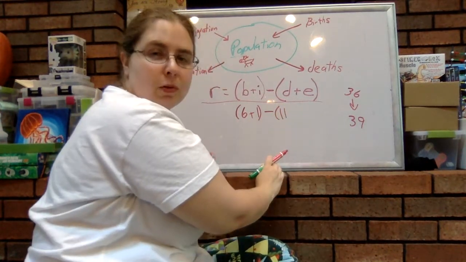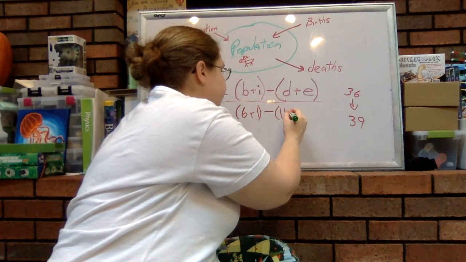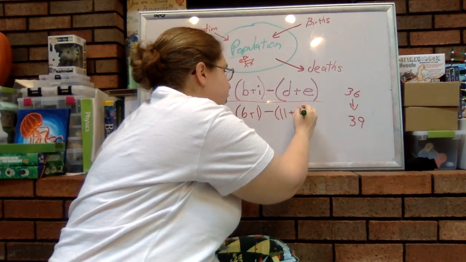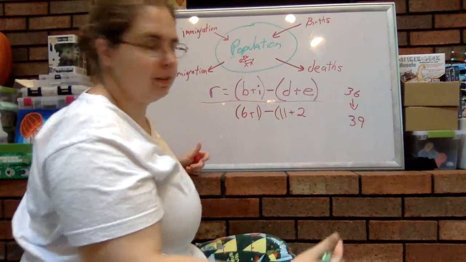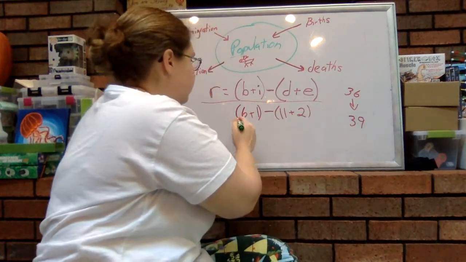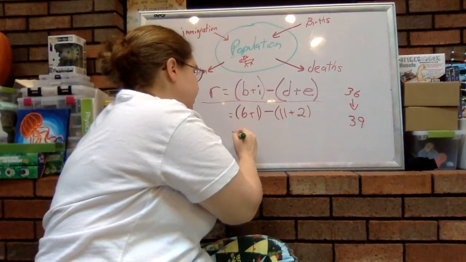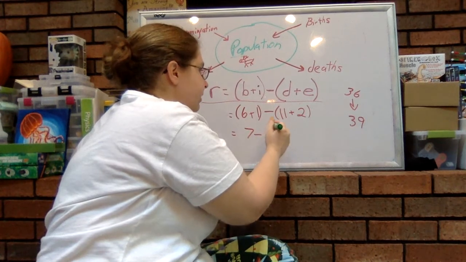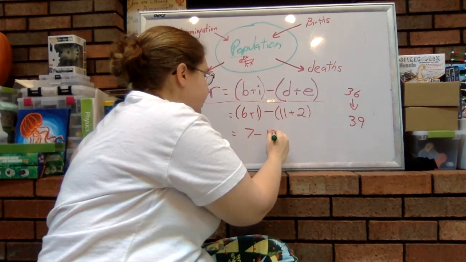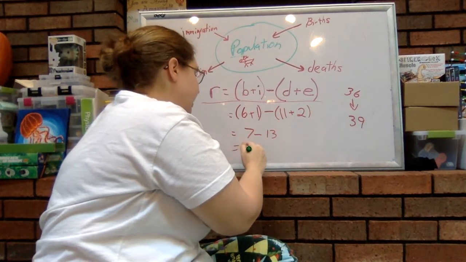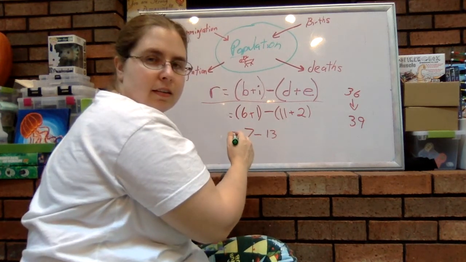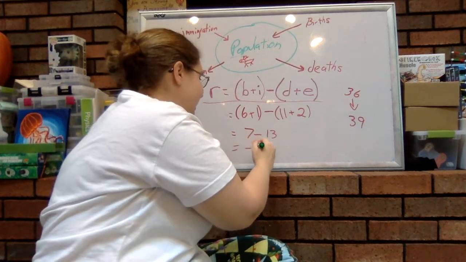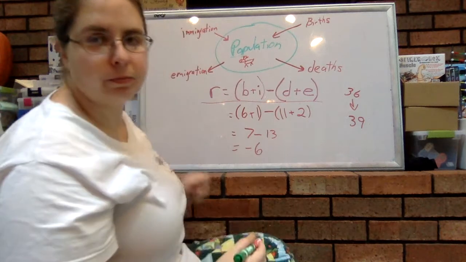Maybe there wasn't as much food that year. Plus 2 that left. Alright, so 6 plus 1 is 7 minus 13. So that means we have a net change of negative 6 deer.